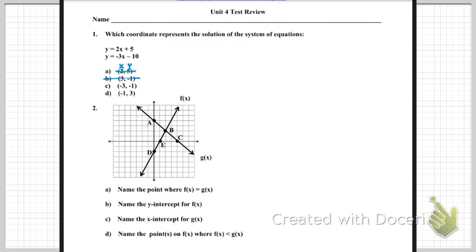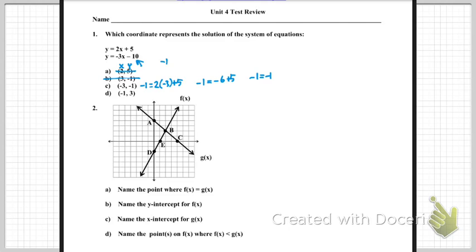Let's plug in negative 3 and negative 1. So I get negative 1 equals 2 times negative 3 plus 5. 2 times negative 3 is negative 6, so I get negative 1 equals negative 6 plus 5, and I get negative 1 equals negative 1. Alright, so it's true for the first equation, but we do need to plug it into the second equation to make sure it's also true for the second equation.